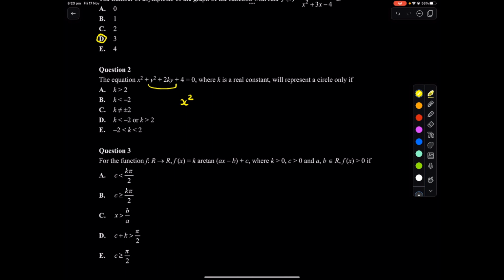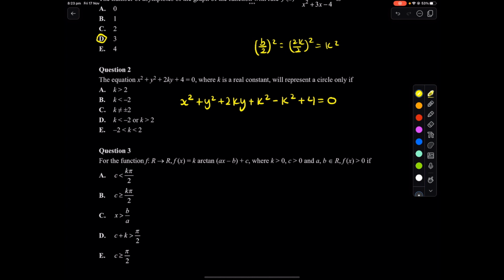This over here, I can change by completing the square. So what's b over 2 squared, which is 2k over 2 squared, which is k squared. So we can write this as y squared plus 2ky plus k squared minus k squared plus 4 equals 0.